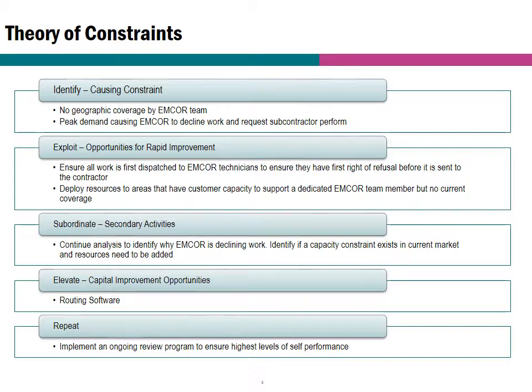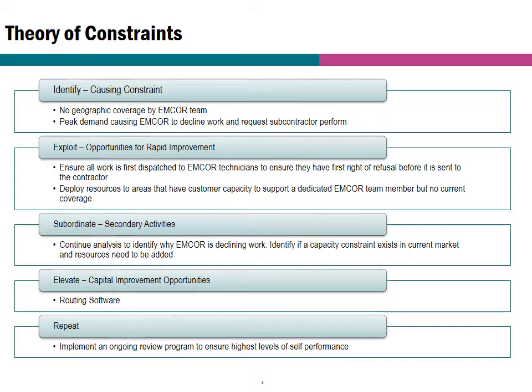So we just want to direct all of the work to EMCOR technicians and give them the chance to decline the work. The other opportunity is to look at some of the rural or less dense areas to see how the landscape has changed, how the customer saturation has changed, to see if resources can be deployed to those areas to support EMCOR technicians where they previously have not.